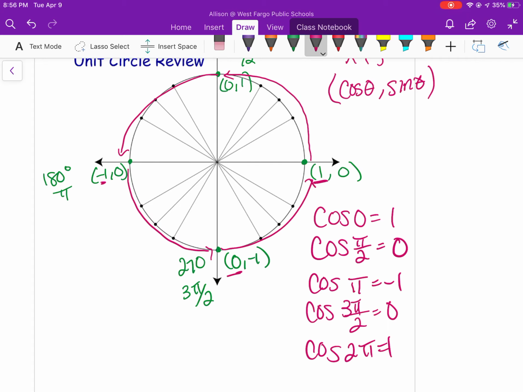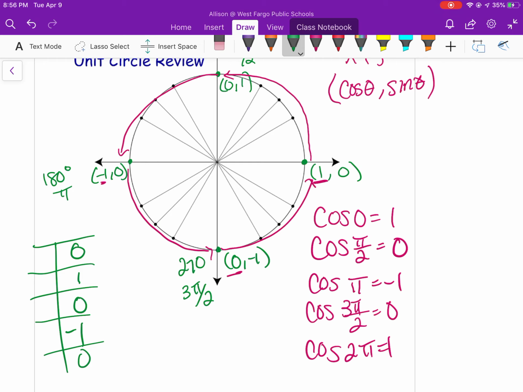If you remember from the last video, sine followed a similar pattern, but it went 0, 1, 0, -1, 0 on those 5 values. And cosine is going to follow the pattern 1, 0, -1, 0, 1. So essentially sine and cosine look almost identical.